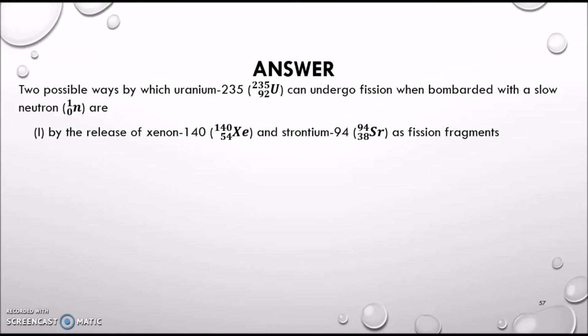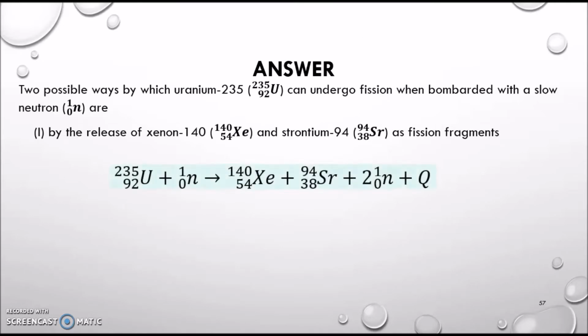The first one. When uranium is bombarded with a neutron particle, it will produce xenon, strontium, neutron particles plus energy. When you balance the nucleon number and proton number, we will get that there will be 2 neutron particles produced.